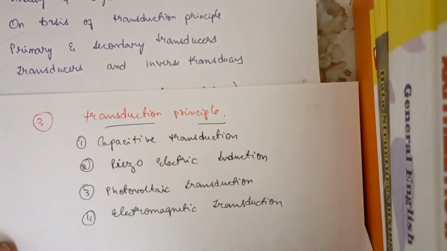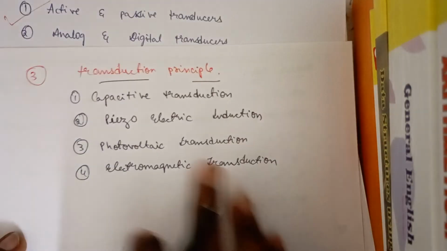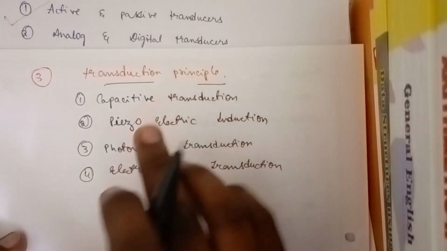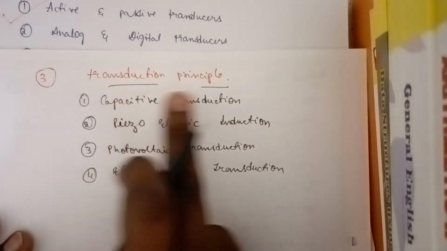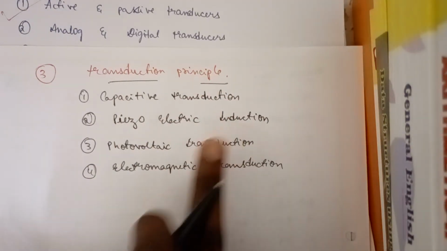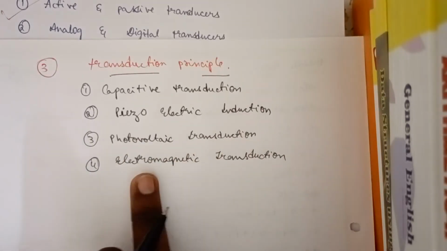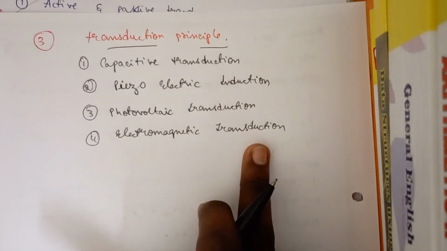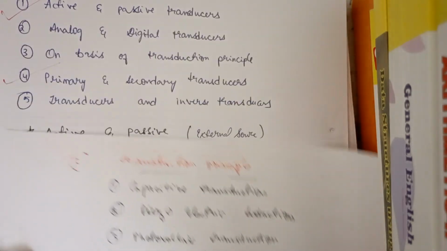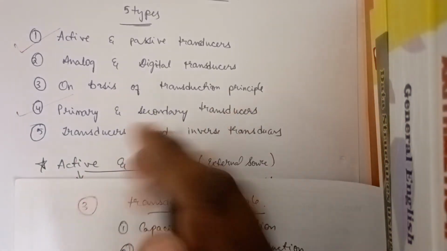Okay, so we can classify the transducers based on the transduction principle into 4 different types, that is capacitive transduction, piezoelectric induction, photovoltaic transduction, and electromagnetic transduction. So we have completed the classification on the basis of transduction principle.